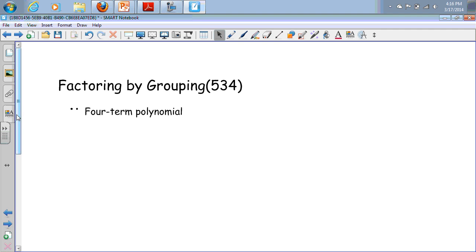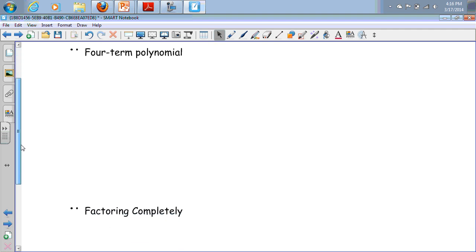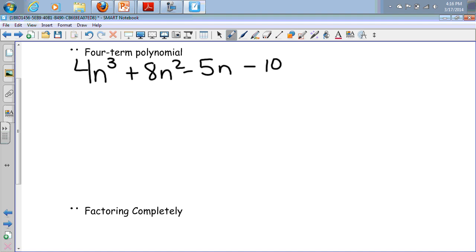Okay, 4-term polynomials. Let's look at example 1. What if we had 4n cubed plus 8n squared minus 5n minus 10?